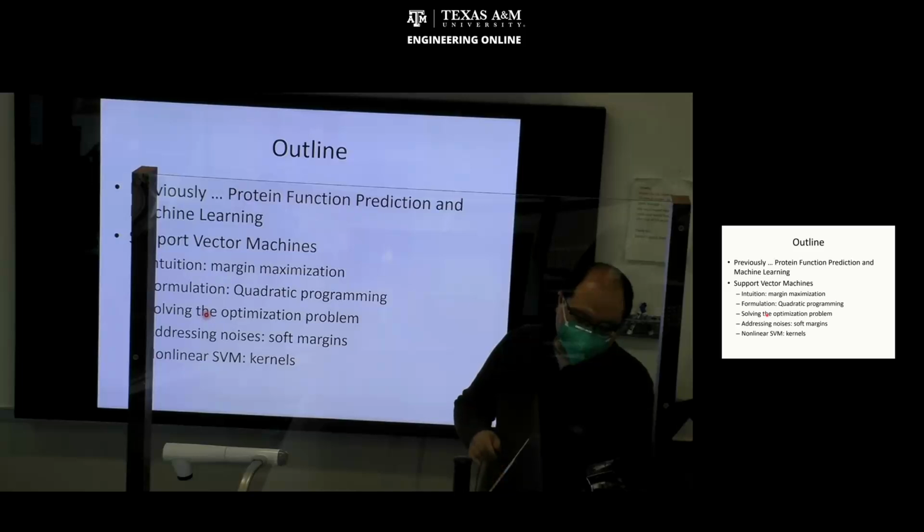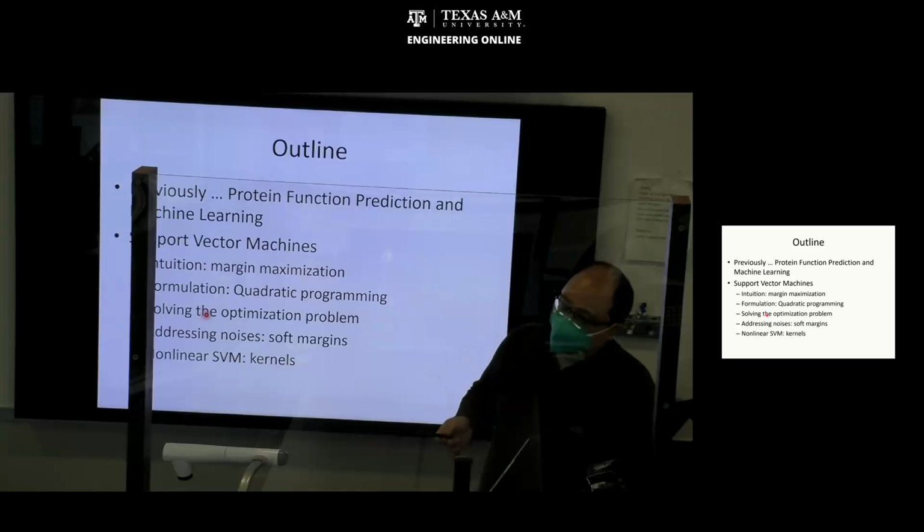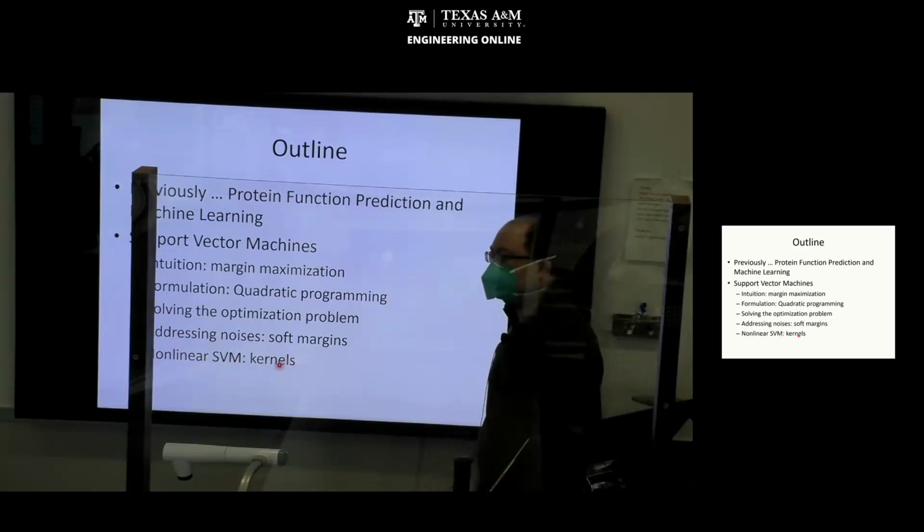Then how can we extend such optimization formulation to address additional considerations like noise, or extending from binary classification to multi-class classification, or from classification to regression? And lastly, the nonlinear support vector machines and kernels will be revisited again.